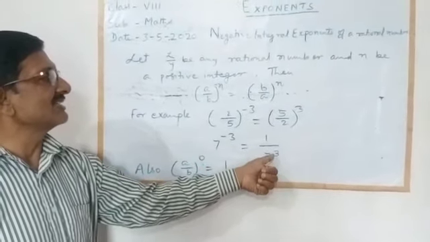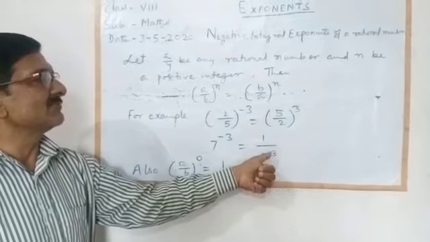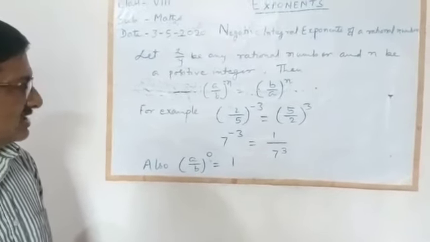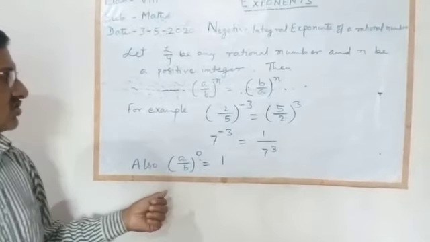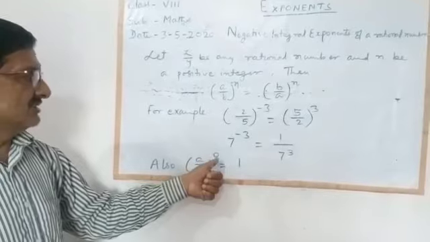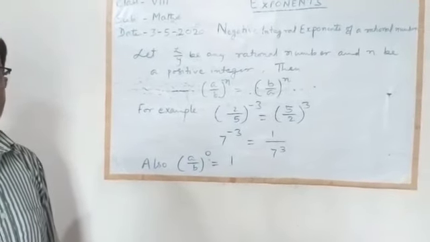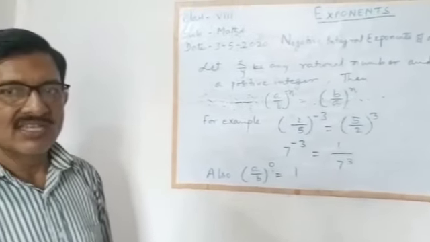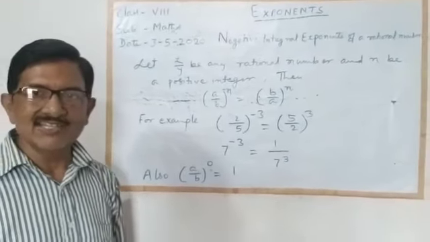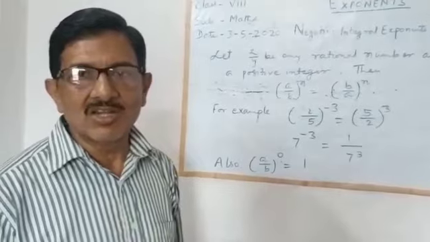So here the sign of its exponent is positive. So in this way we can solve any question, and we should also learn that (a/b)^0, any rational number having power 0, is equal to 1. So anything raised to the power 0 is always equal to 1.